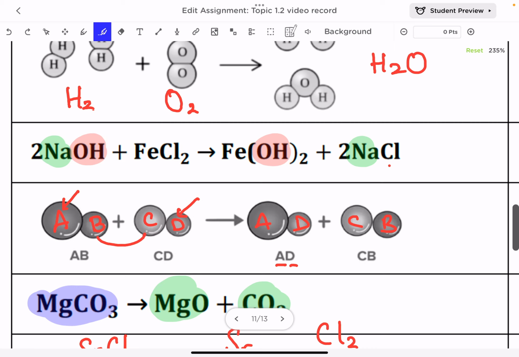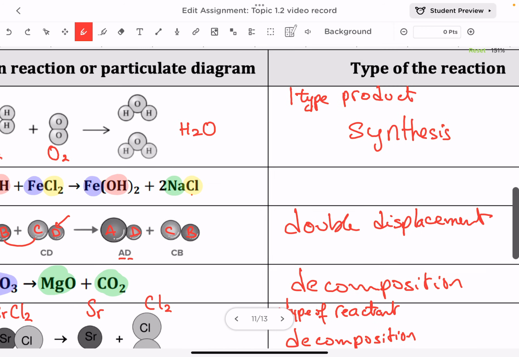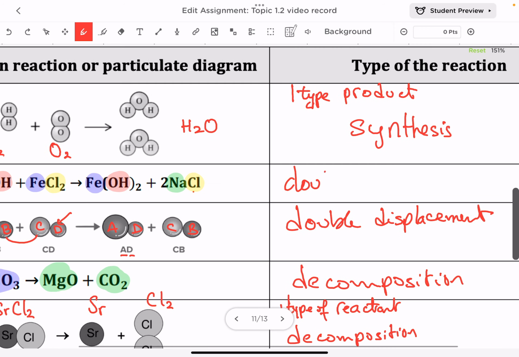And I'm gonna color iron with blue, and I'm gonna color chlorine with yellow. So look at the switching of colors. It was green and red, blue and yellow. Now it's blue and red, green and yellow. So we are looking at a double displacement reaction.